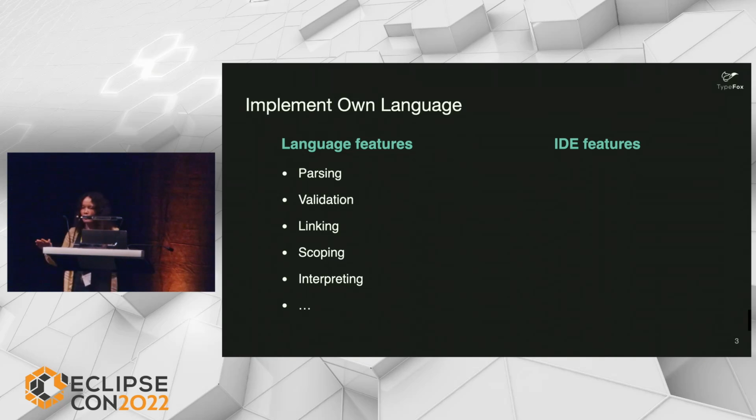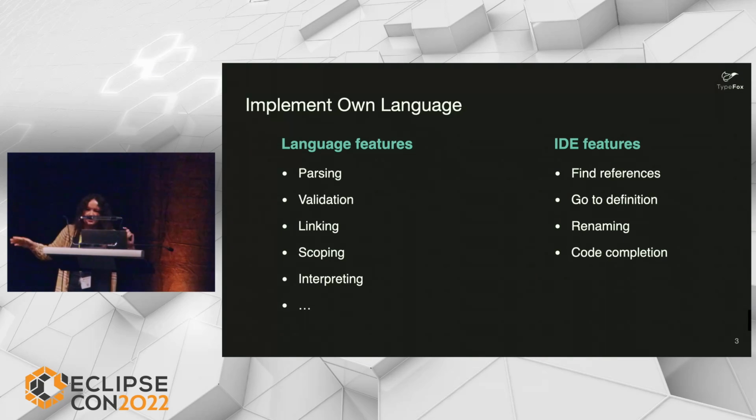As a result, you want highlighting, find references, go to definition, renaming, code completion, hovering, and everything else, so that it would be really pleasant to develop programs in your domain-specific language.